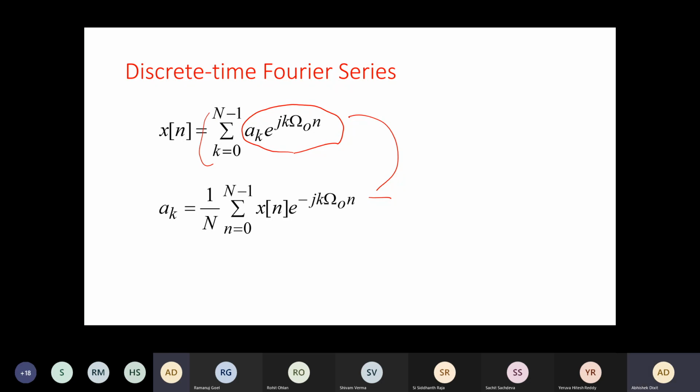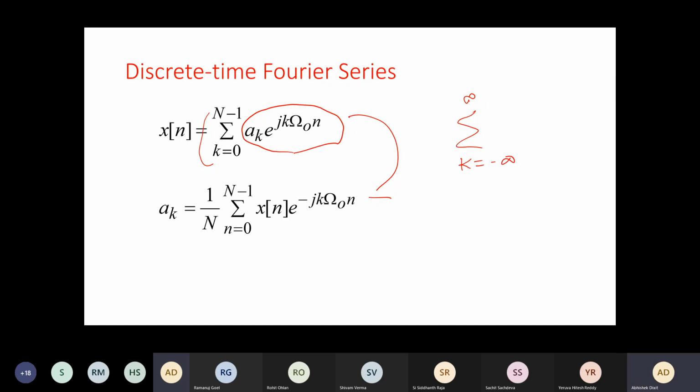Why is this? Because if you would have considered the summation with k going from minus infinity to plus infinity, then of course this summation will become infinite, or there is a very high probability that it will become infinity, or the energy of xn will become infinity for sure.